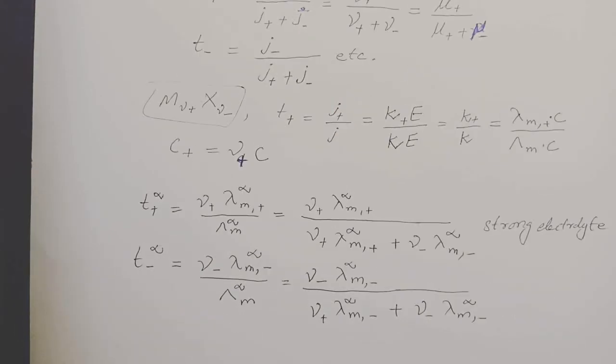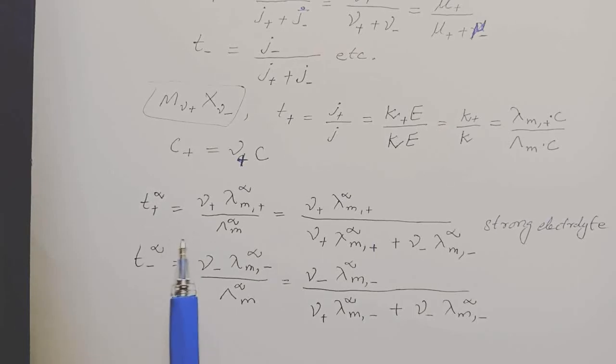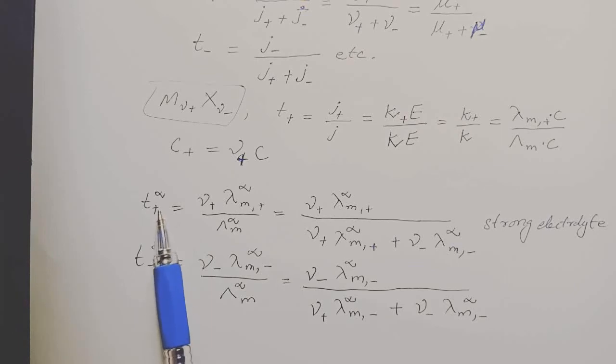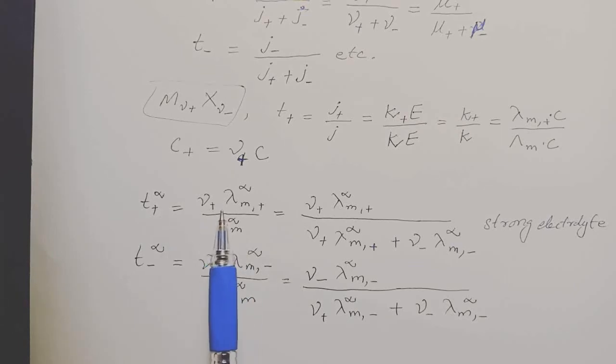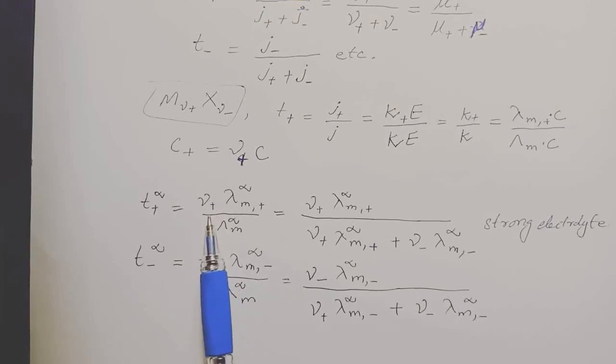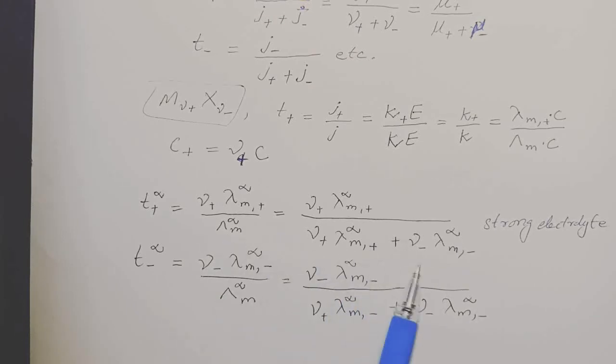So for the strong electrolyte, the transport number for the positively charged species can be calculated in terms of the infinite dilution. That is, the transport number at infinite dilution is equal to the molar conductivity at infinite dilution into the stoichiometric constant over the total molar conductivity of the solution. So here we have the value of the total molar conductivity.